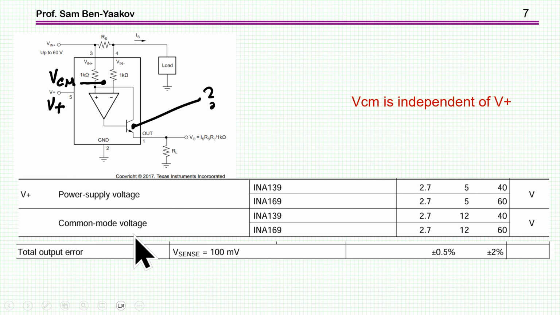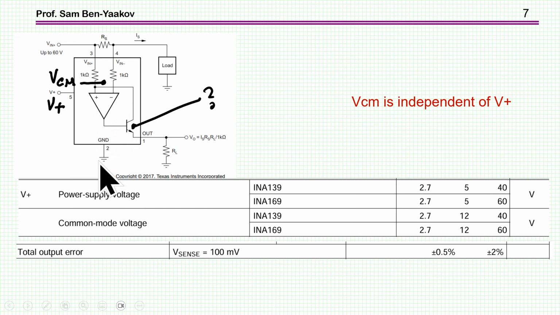And the common mode voltage could also be in this range, but it's not dependent on the voltage of the power supply. That is, the power supply could be 5 volts, while here it could be like 40 volts. This is very powerful. So we have here a buffering effect or isolation, if you might say, between the high voltage here and the amplifier, which is referred to ground here.